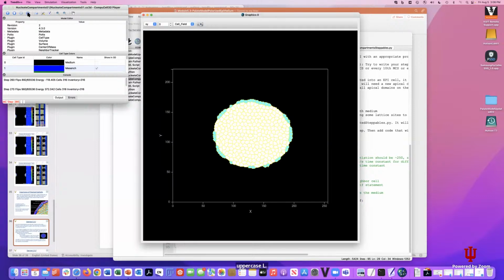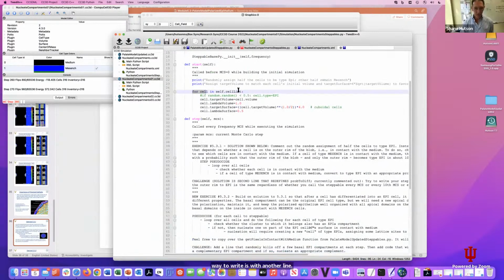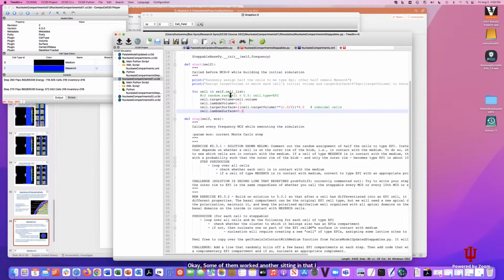Nowadays, the right way to write it is cell underscore list, with a lowercase l. That makes sense. Got it. Odd that some of them worked and others didn't, then. I would assume that was the same in all of them.